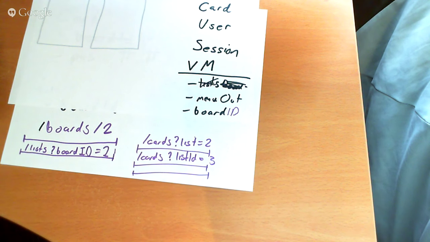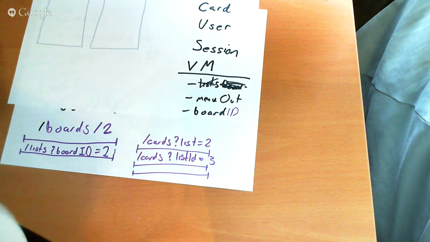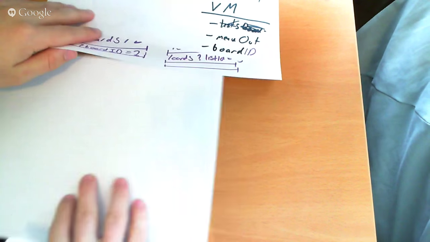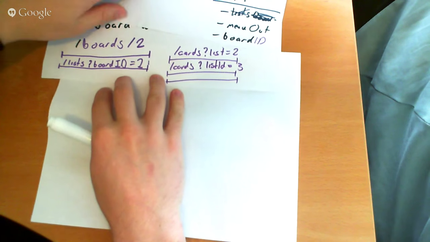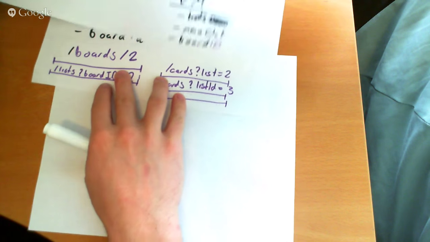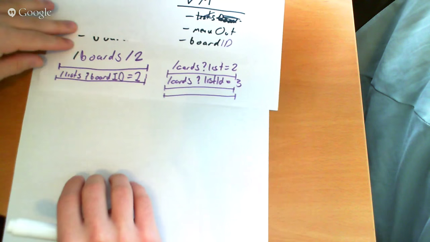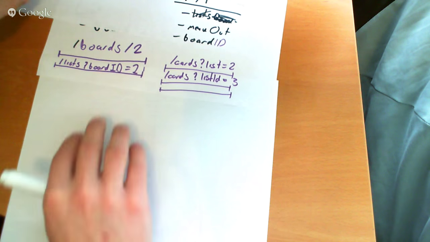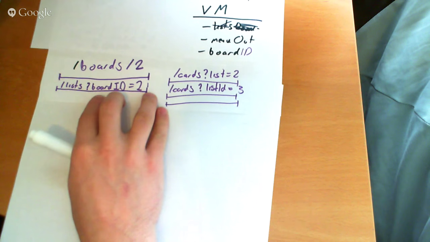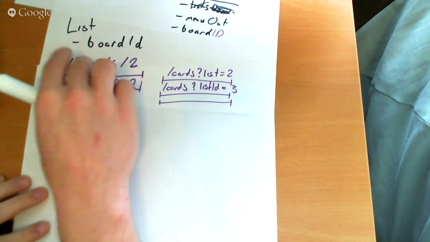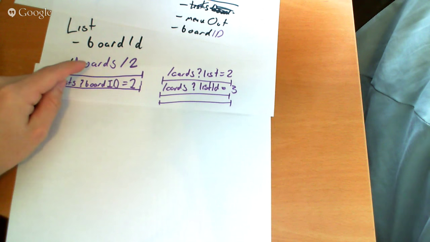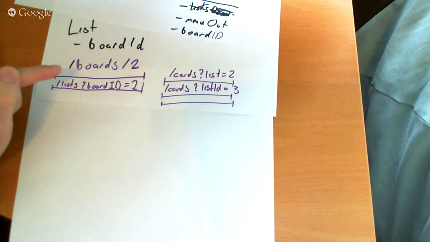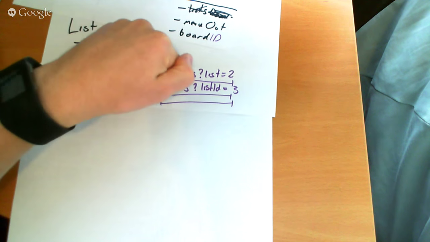What I tend to do is, and I think we might have talked about it a little bit ago, you can send as an optional parameter to most of your REST services to bring in related data. So what I would want to say in boards is bring in the lists and also bring in each list's cards.